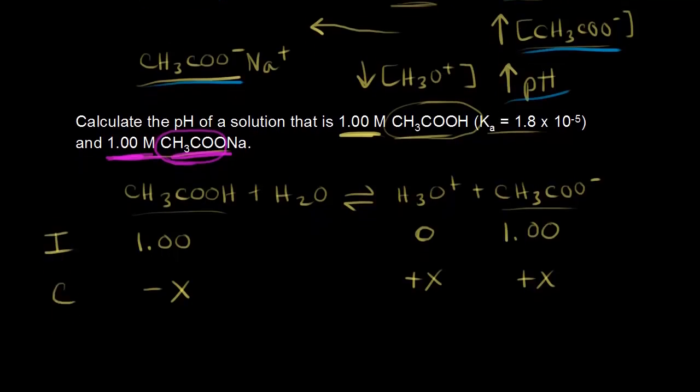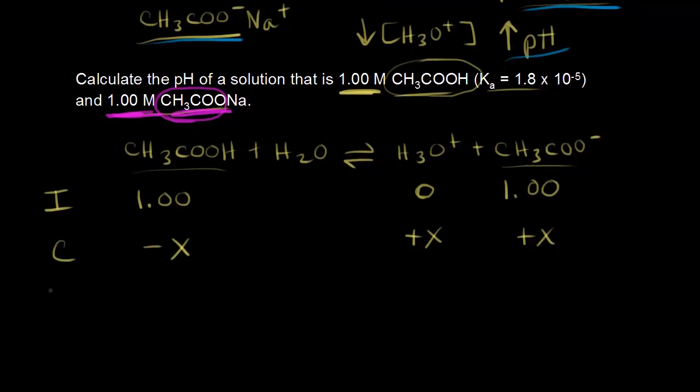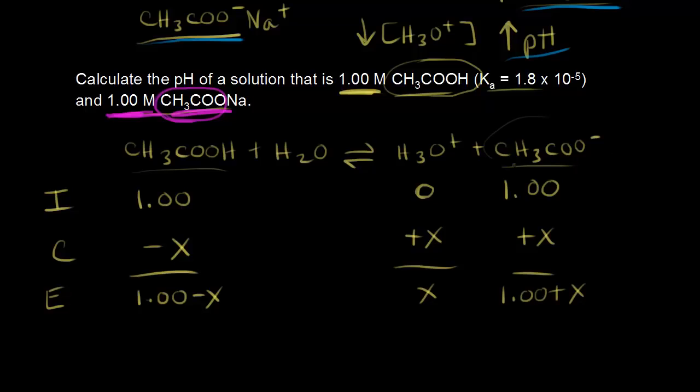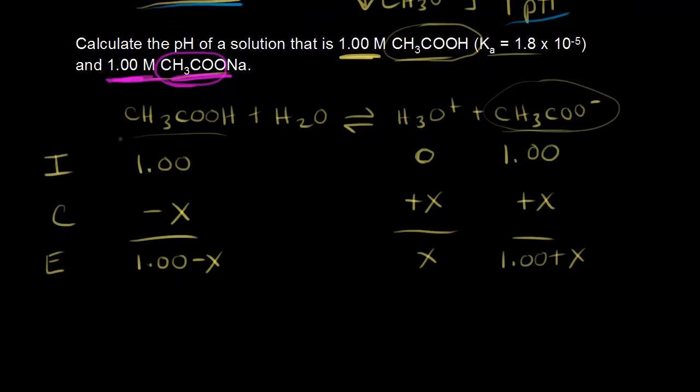So at equilibrium, let's go ahead and write what we would have. At equilibrium, we would have 1 minus X for our concentration of acetic acid, X for our concentration of hydronium, and 1 plus X for the concentration of acetate. Once again, two sources for our concentration of acetate. We can write a Ka expression, an equilibrium expression using Ka, because we're dealing with acetic acid donating a proton to water here.